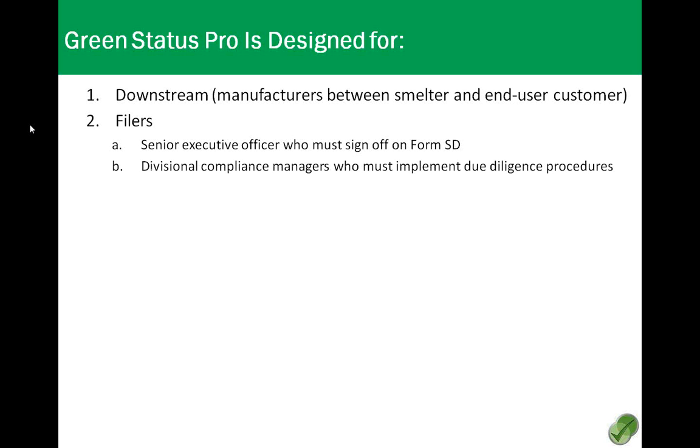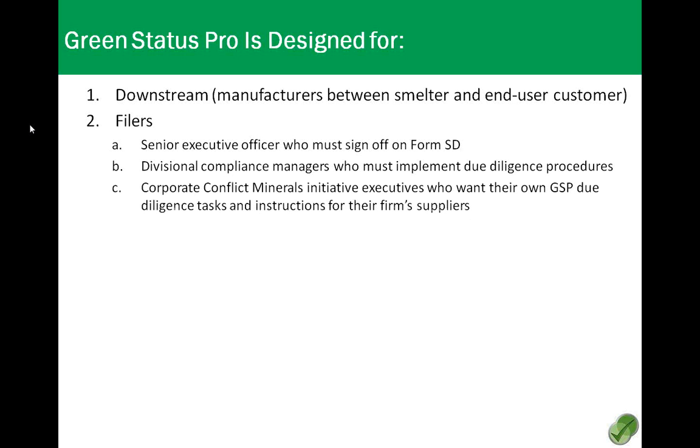Divisional compliance managers who are assigned the task of implementing a conflict minerals compliance program for the first time will jump at the chance to acquire the fast-track knowledge incorporated in this application. In addition, corporate conflict minerals executives who want their own GSP instructions and tasks for their firm's suppliers finally have a solution.